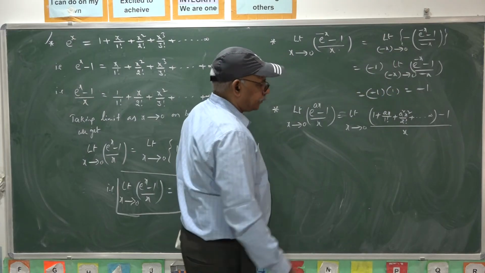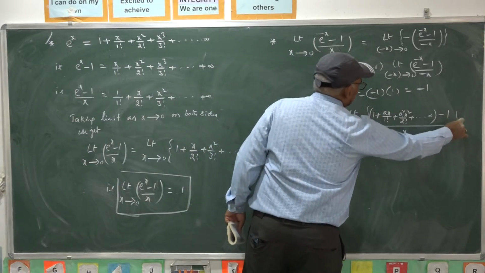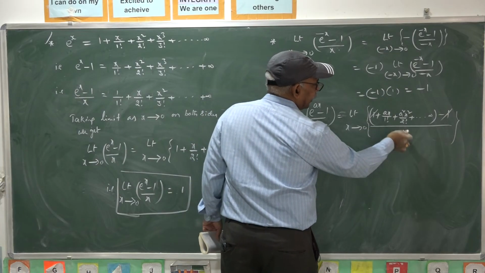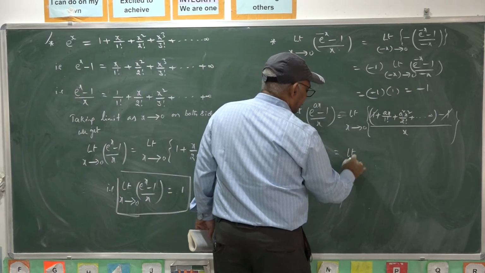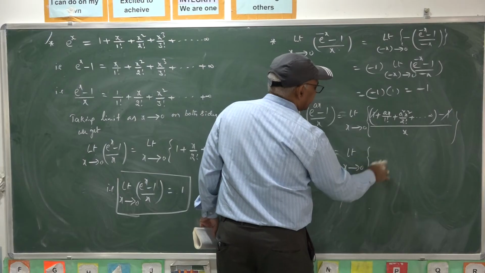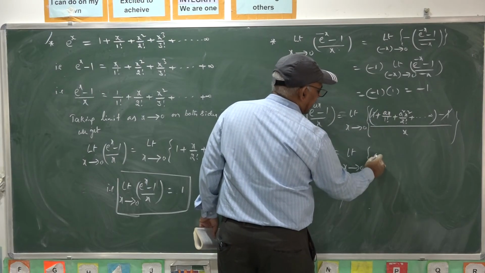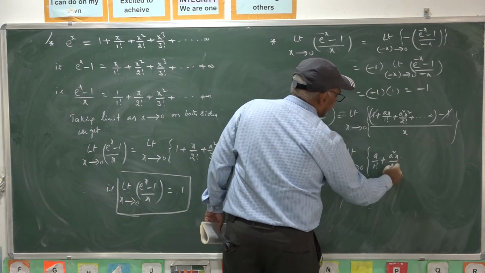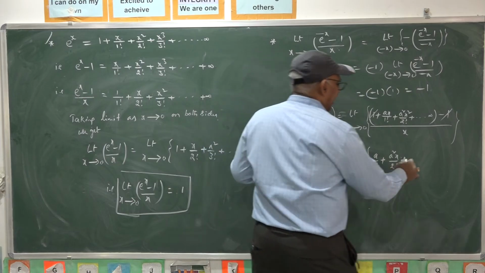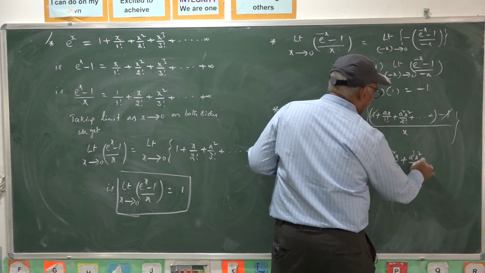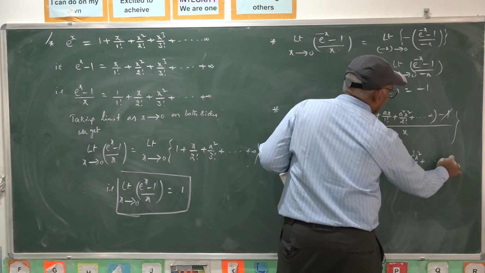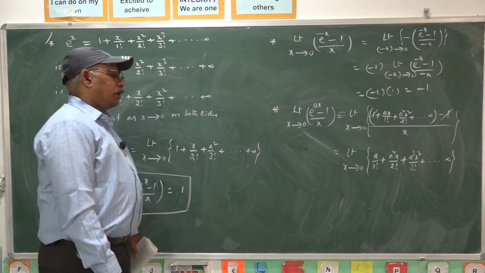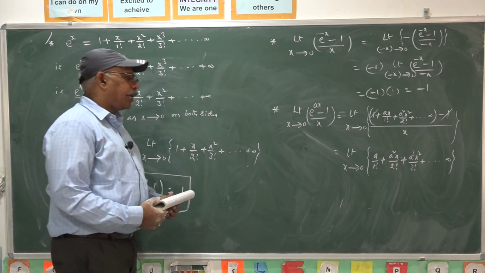This is our limit. Now, this 1 gets cancelled with the minus 1. Dividing each term with x, the denominator, the limit becomes limit as x goes to 0 of a by 1 factorial here, a square x by 2 factorial here, a cube x square by 3 factorial, the next term, like that, up to infinity.